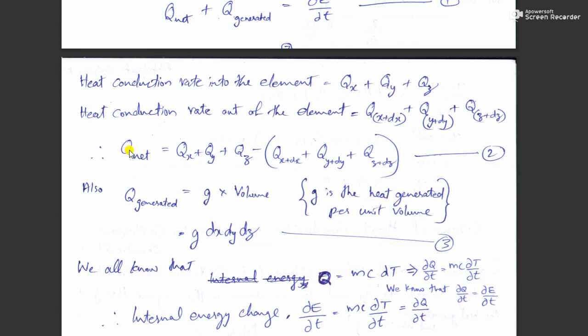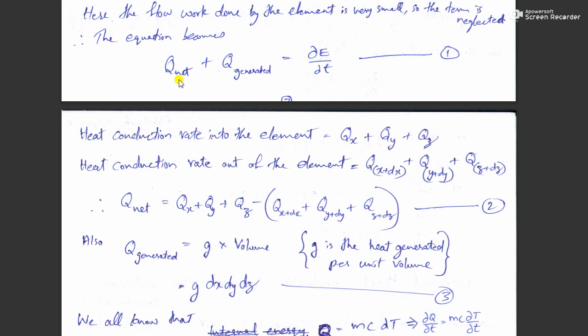Now, what is the net heat? Net heat is the heat conduction rate into the element minus the heat conduction rate out of the element, that is Qx plus Qy plus Qz minus Qx plus dx plus Qy plus dy plus Qz plus dz. Now we have found the expression for net heat transfer, Q net.